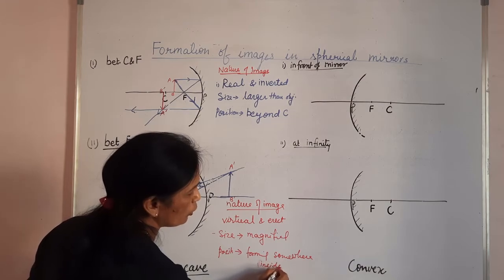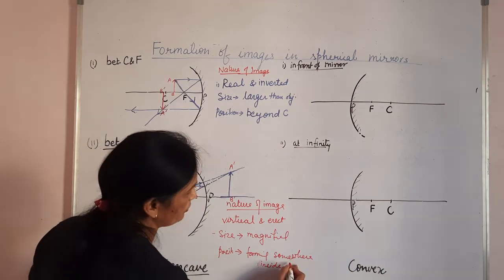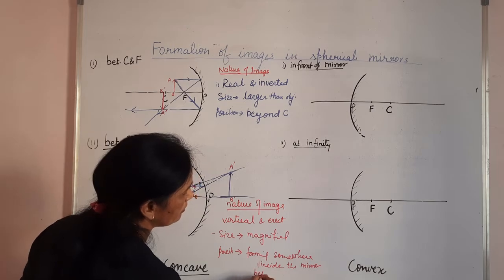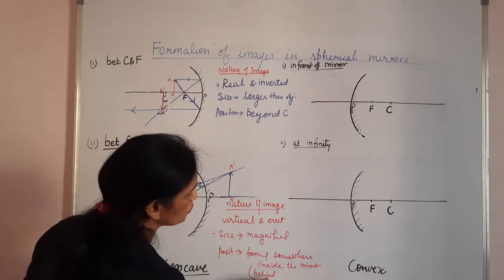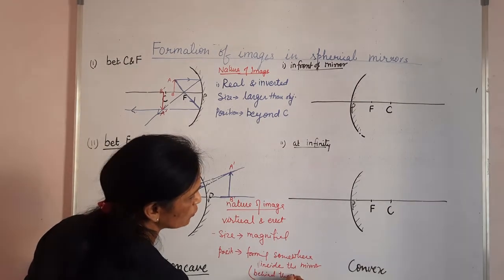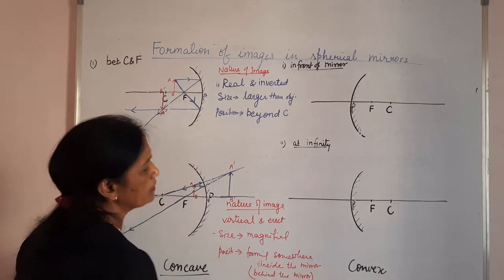You cannot obtain it. It's not real. In our copy, we show it behind the actual position by extending the line, and thus we are showing it behind the mirror.